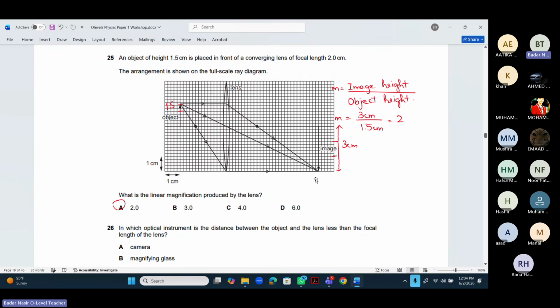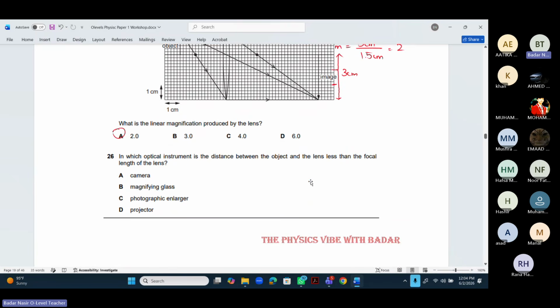Now 26th, in which optical instrument is the distance between the object and the lens less than the focal length of the lens? So इसका हमारे पास आ जाता है, in which optical instrument is the distance between the object and the lens less than the focal length of the lens.